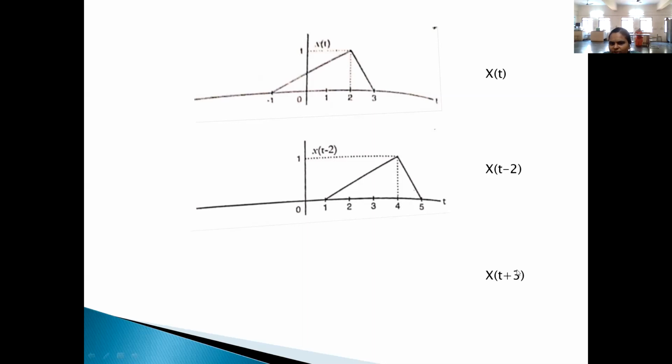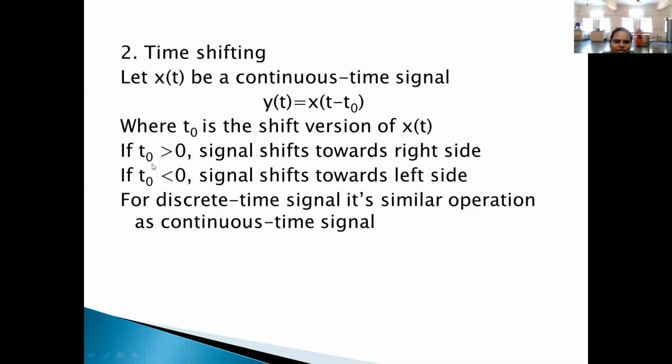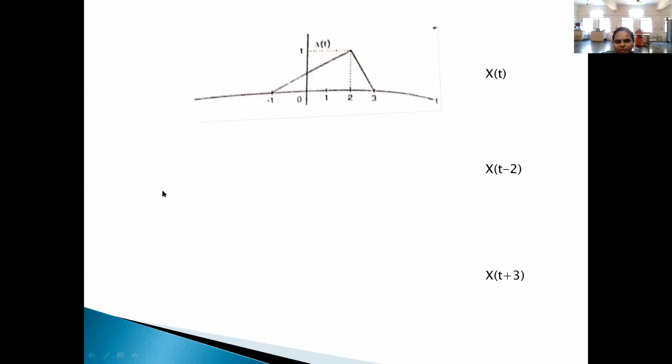3 minus 3 is 0, 2 minus 3 is minus 1, 1 minus 3 is minus 2, again minus 1 minus 3 means minus 4. Observe here, all the values are going negative, which means the signal is going to shift towards the left side. That is your second condition, because t naught is a negative value.